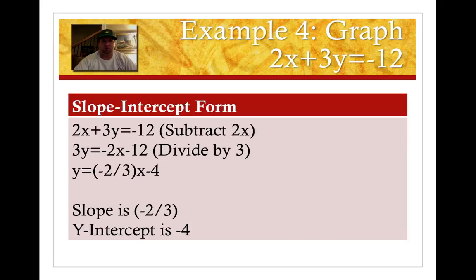Whatever you do to one side, you must do to the other. I'm going to divide all the parts out, so this will be negative 2 over 3, and then negative 12 divided by 3 becomes negative 4. So y equals negative 2/3 x minus 4. Slope is negative 2/3. Y-intercept is negative 4. We're ready to graph.